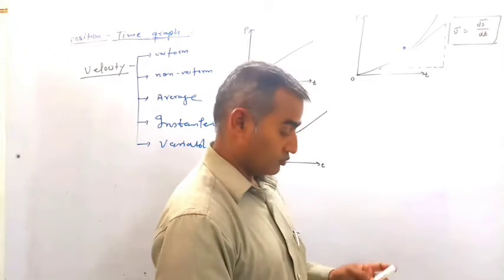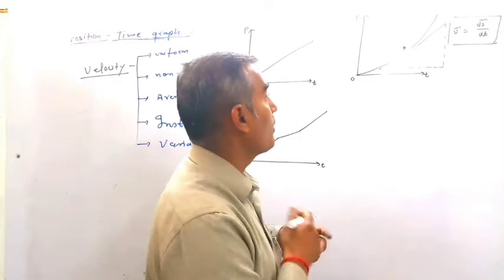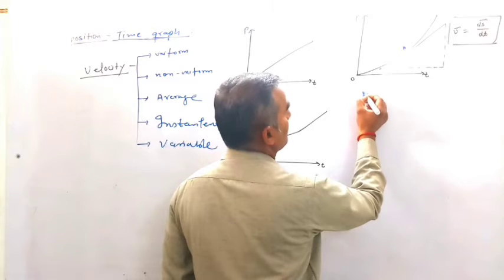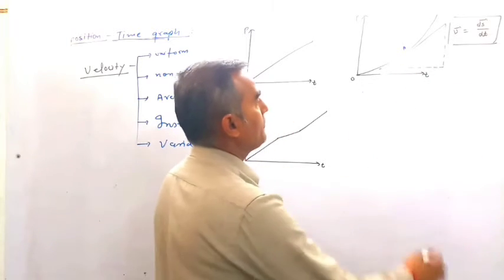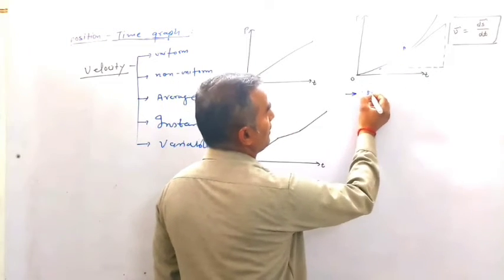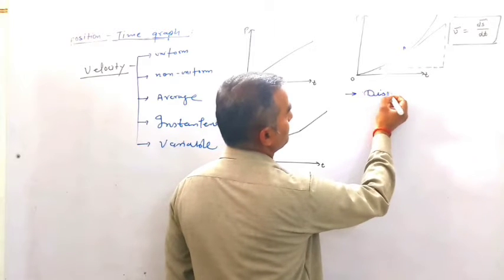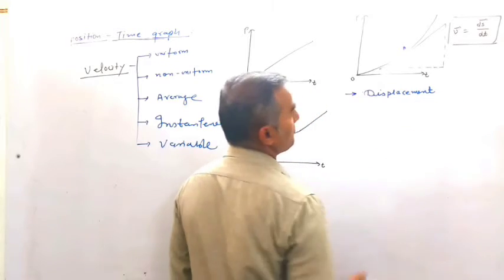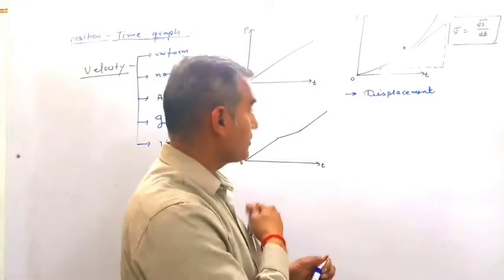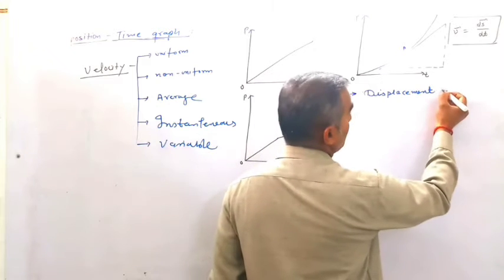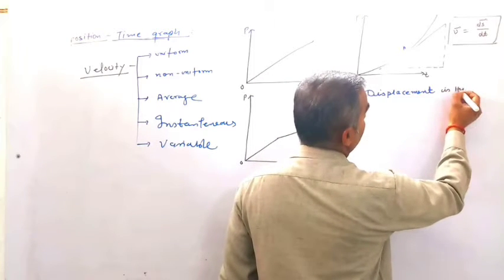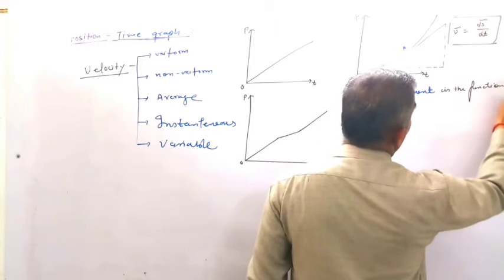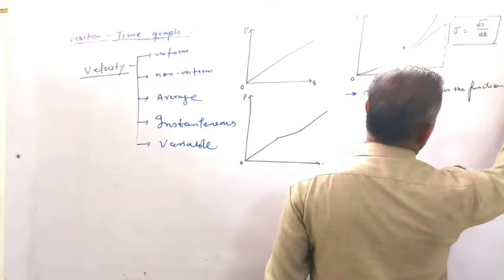Okay, you get velocity by differentiation. And one more point: displacement is a function of time.